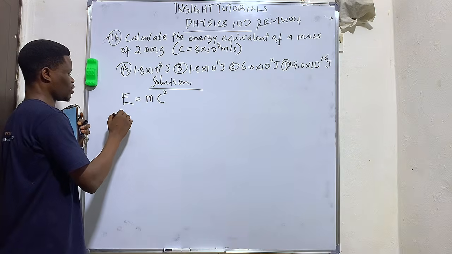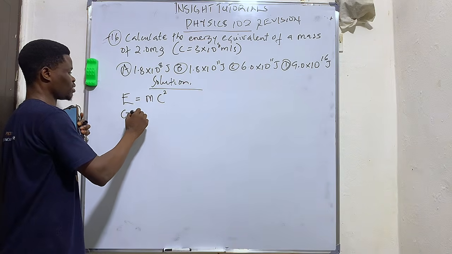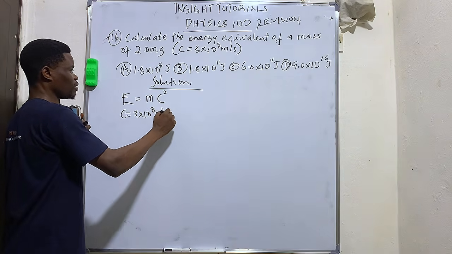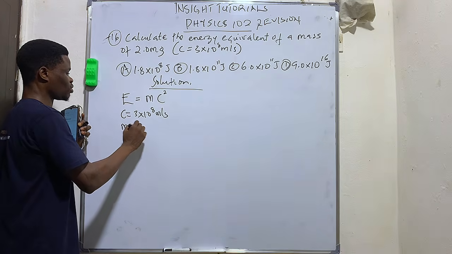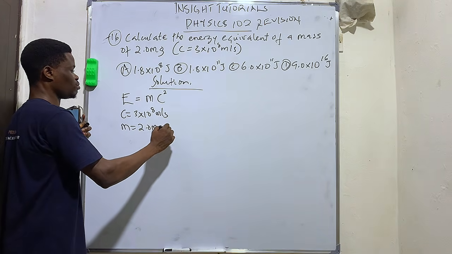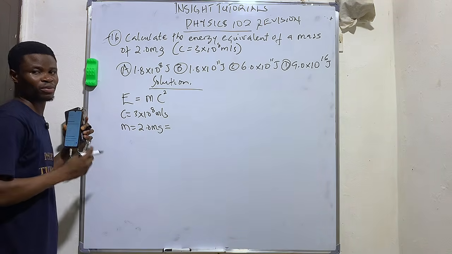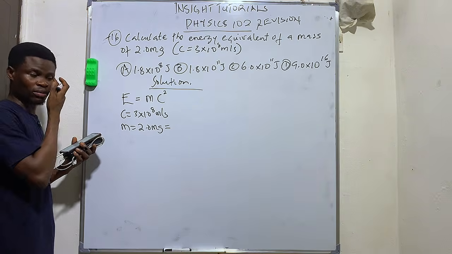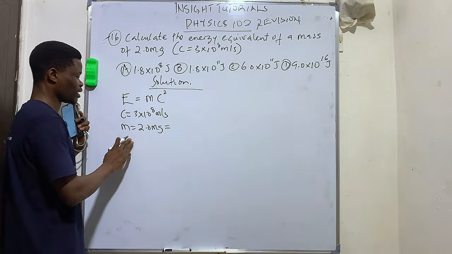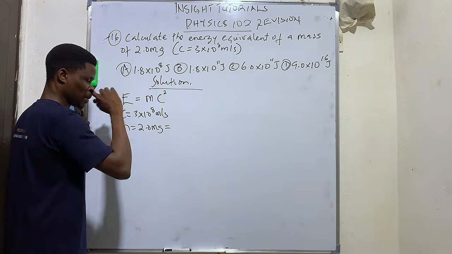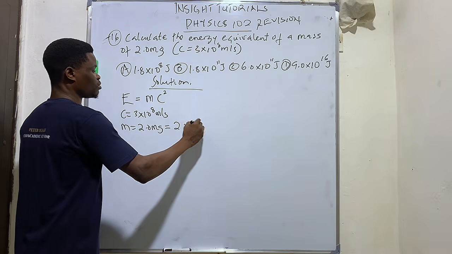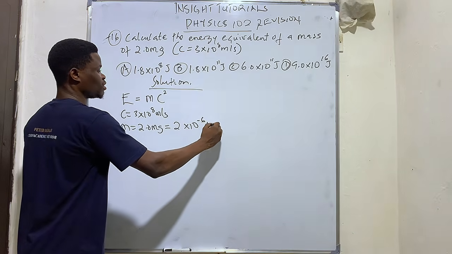Now, from what we have here, we have the speed of light already as 3 times 10 raised to the power of 8 meter per second. Our mass was given as 2.0 milligram, and we have to convert from milligram to kilogram. So for us to be able to convert our mass, we're going to do it as 2 times 10 raised to the power of negative 6 in kilogram.